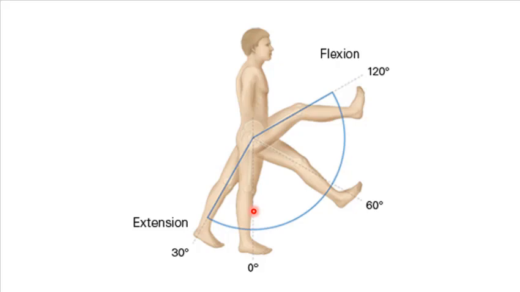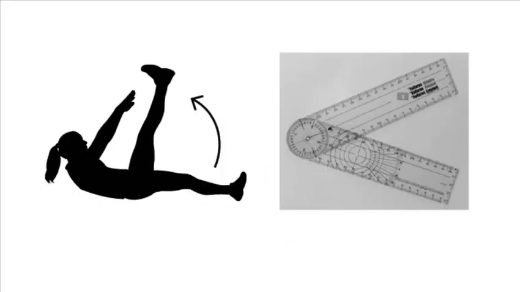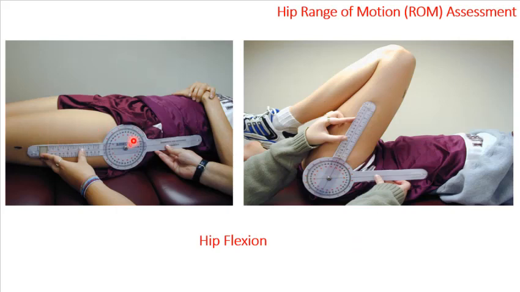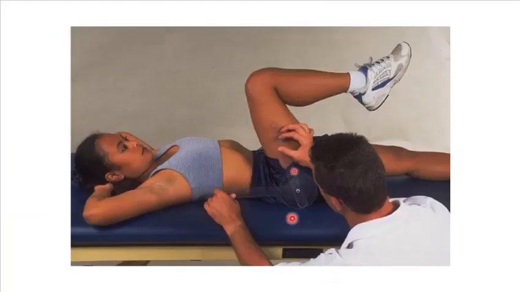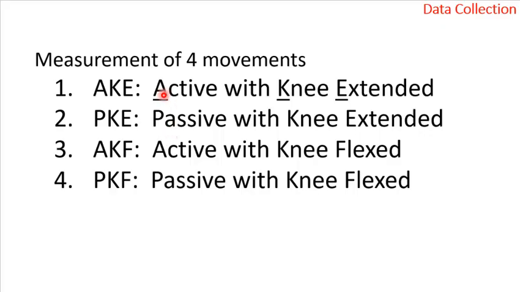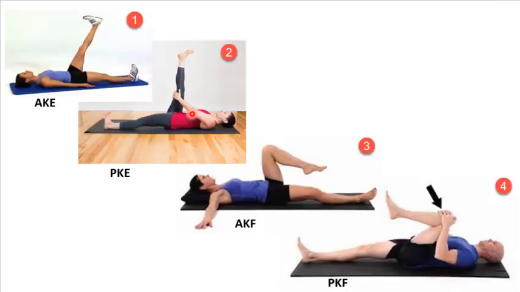But anyways, you are measuring this, and if you were to collect data, so if you were to take the measurement of the hip at 0 degrees here and measure how much hip flexion, and if we took those 4 stretches: the active knee extended, so the AKE, the passive knee extended, the PKE, and the active knee flexed, just in the same order that I showed before, but now with these acronyms.